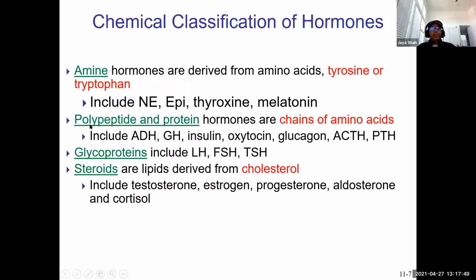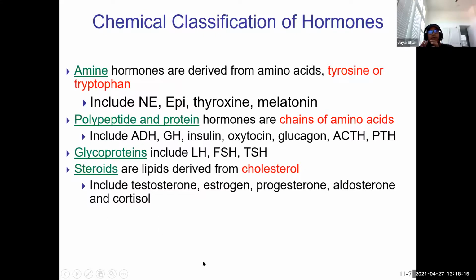Some hormones are made up of a long chain of amino acids called polypeptide or protein, or they are whole proteins. For example, antidiuretic hormone, growth hormone, insulin, oxytocin, glucagon, ACTH, adrenocorticotropic hormone, and PTH, parathyroid hormone.